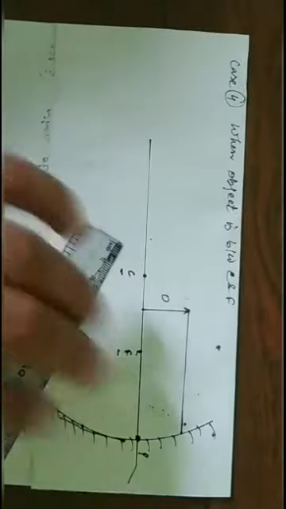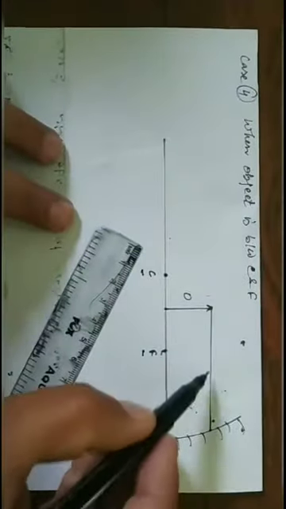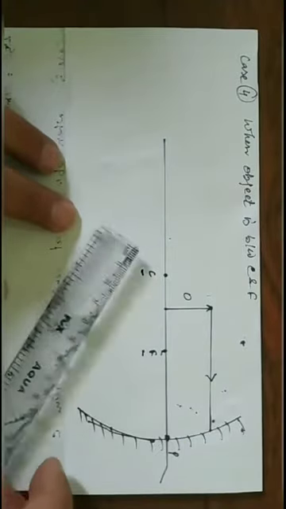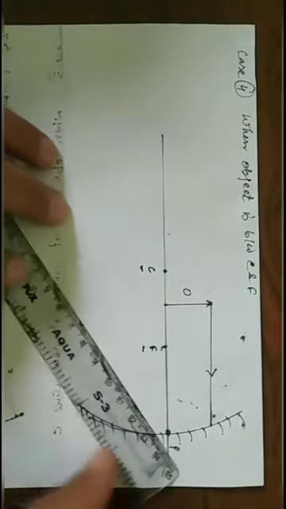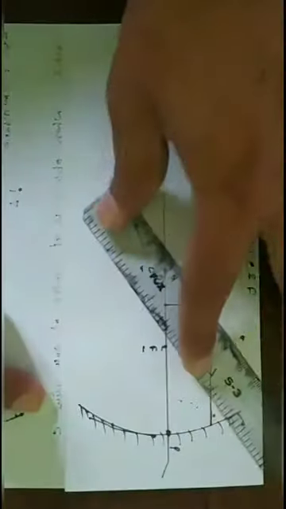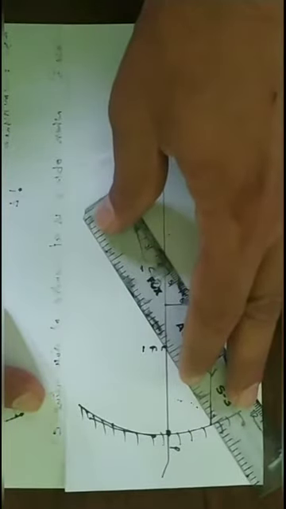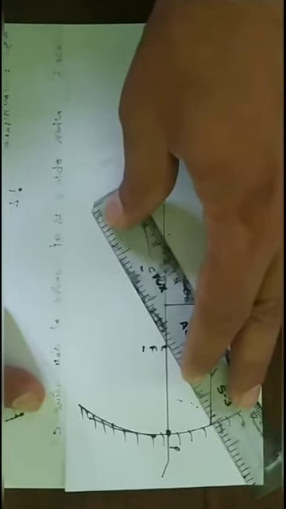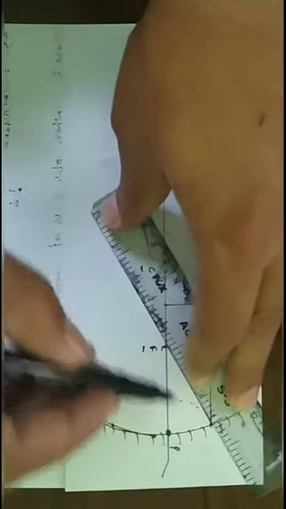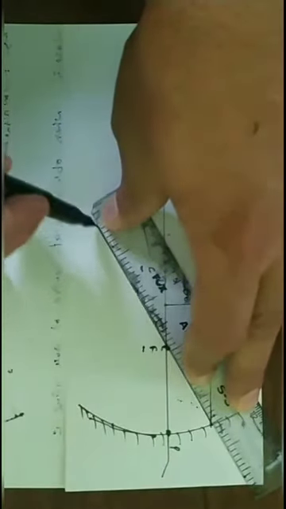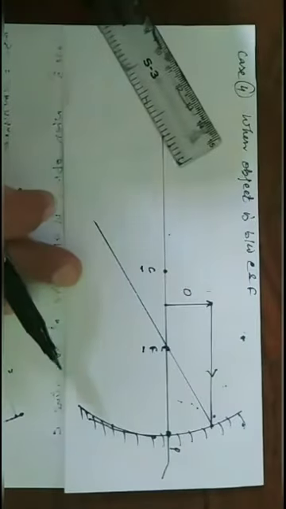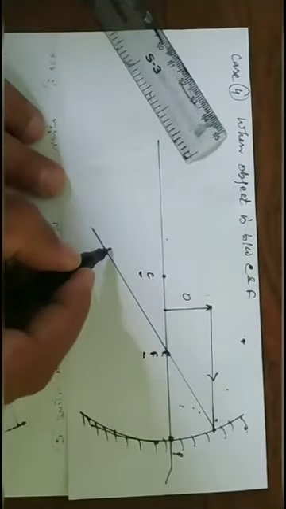Any ray which is parallel will pass through the principal focus. So this is our reflected ray.